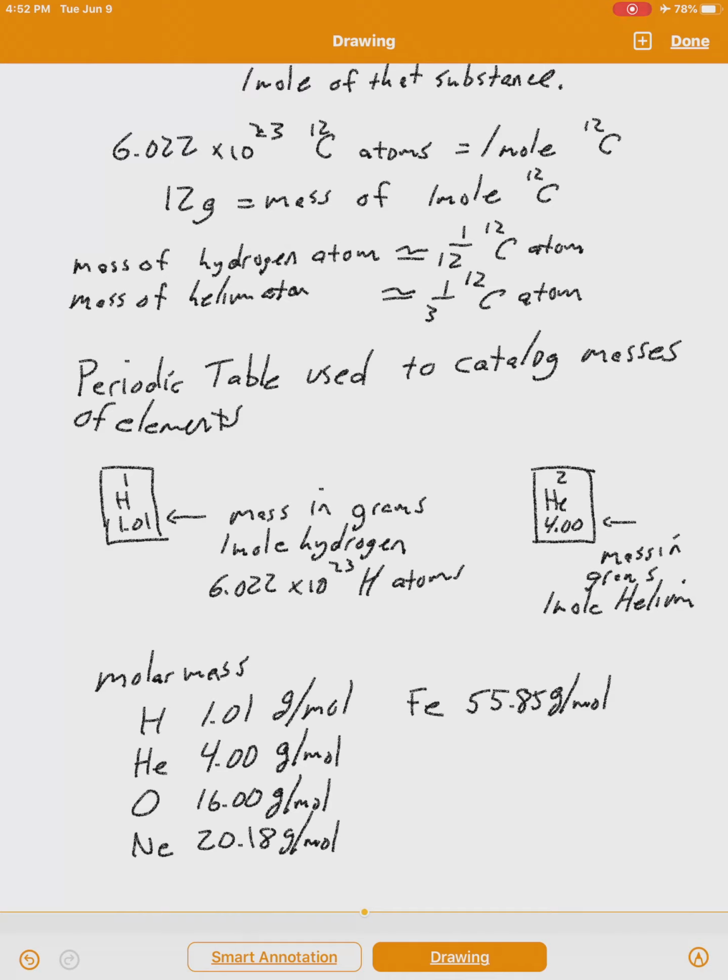So that's useful, right? Like if you think about it, if you're trying to load trucks onto a ship and ship the trucks across the Pacific Ocean, you might want to know how much those trucks weigh so that you know how many that ship can hold.